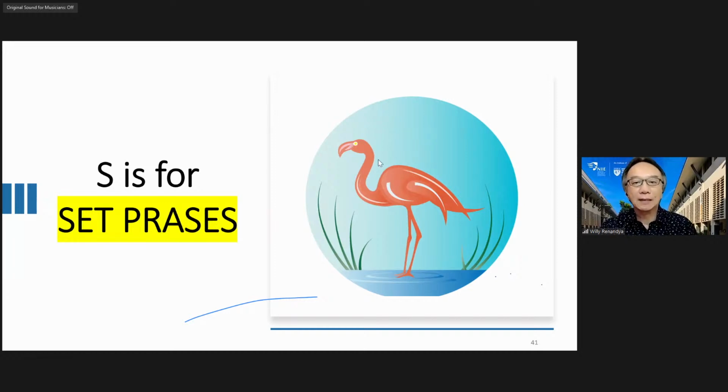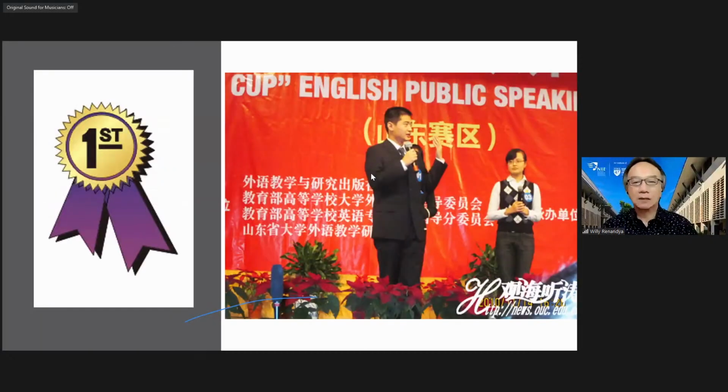This is known as set phrases, very much related to our discussion earlier on about vocabulary. Let me just tell you what set phrases is all about. Set phrases is basically about how words are often used in combination with other words.